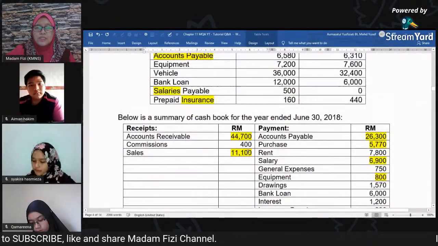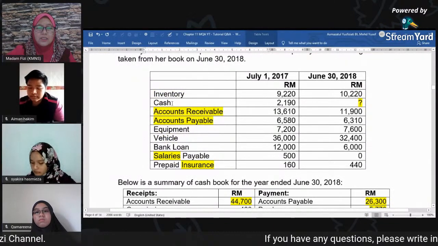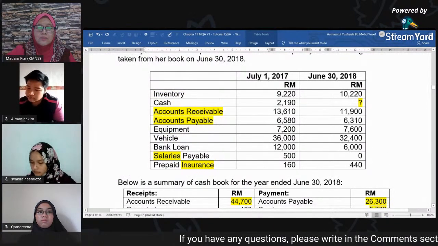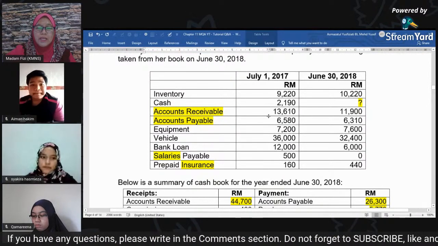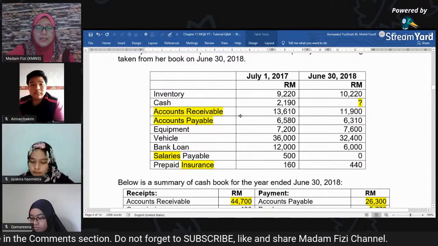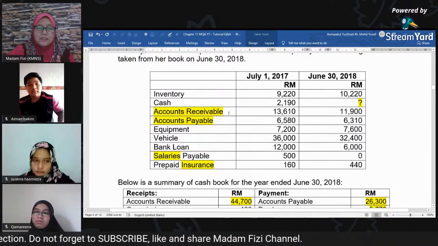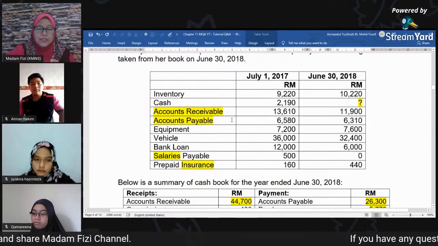we look at the question again. Okay, if in the question is given accounts receivable and accounts payable, closing balance and opening balance, that means there is a sales credit and also a purchase credit.